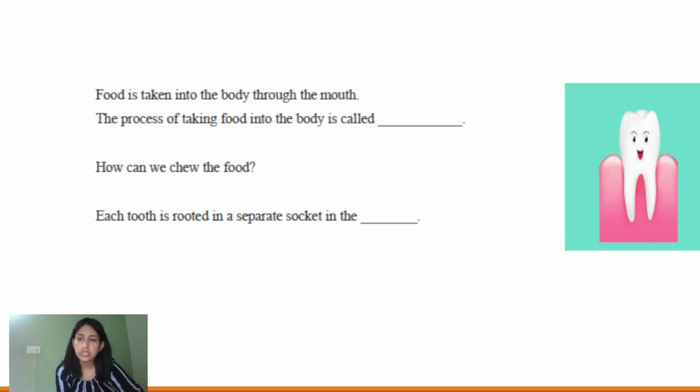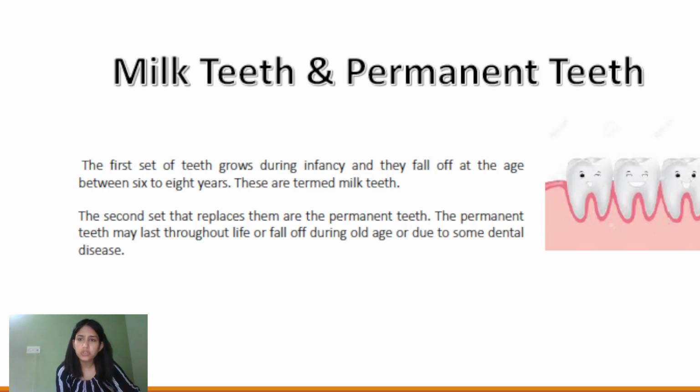Each tooth is rooted in a separate socket in the gums. Now, if we talk about milk teeth and permanent teeth, you must have heard about them.